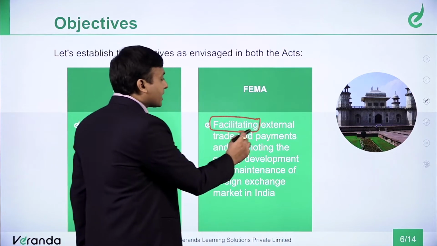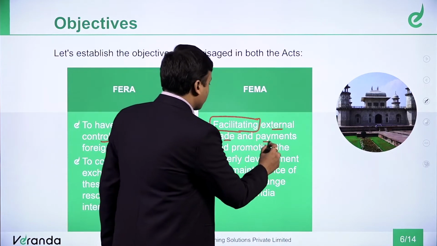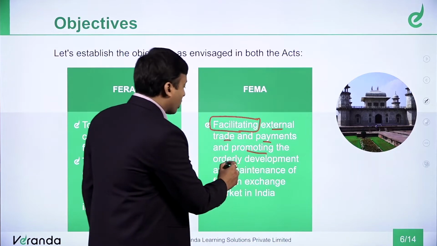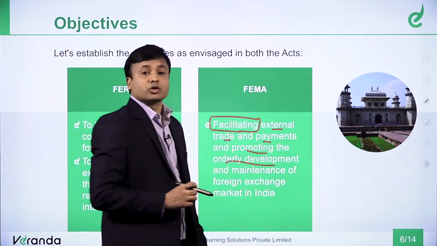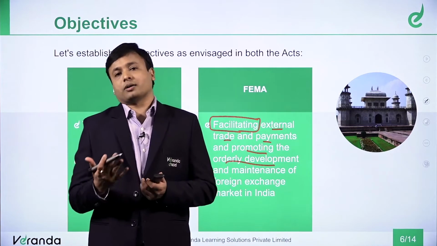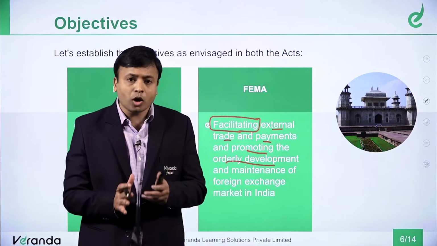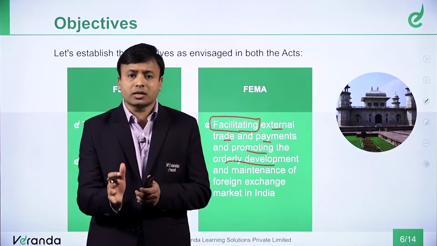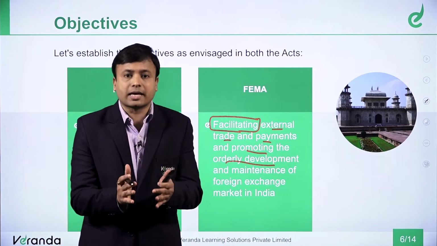So, facilitating external trade and payments and promoting orderly development. I am only going to promote the external trade of the economy. I am not going to sit and concentrate on how to conserve this scarce commodity.